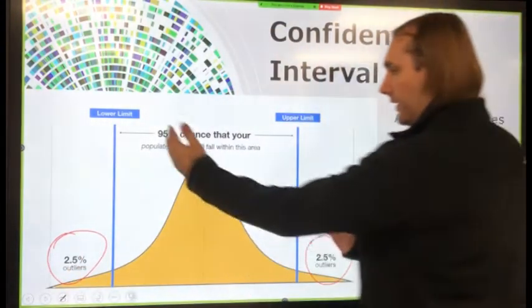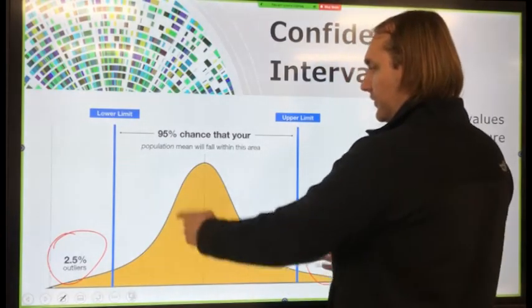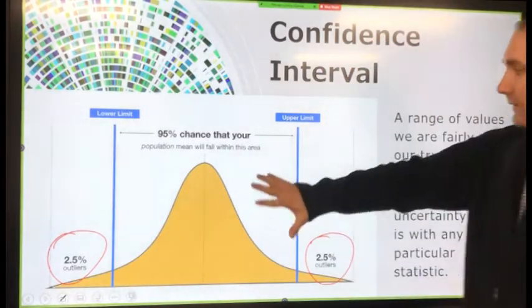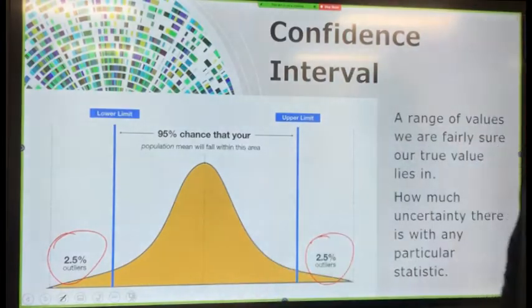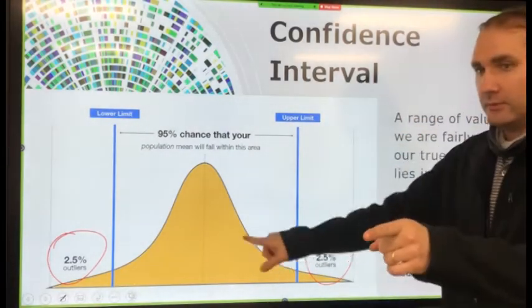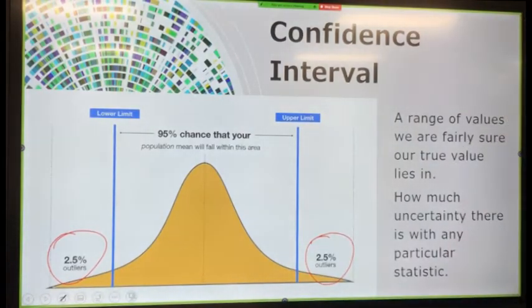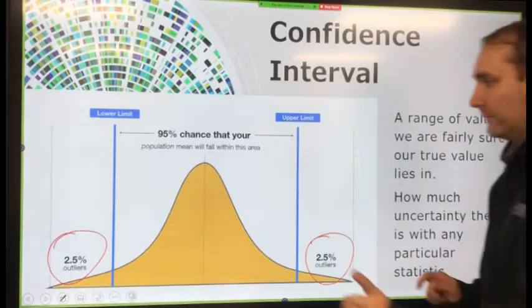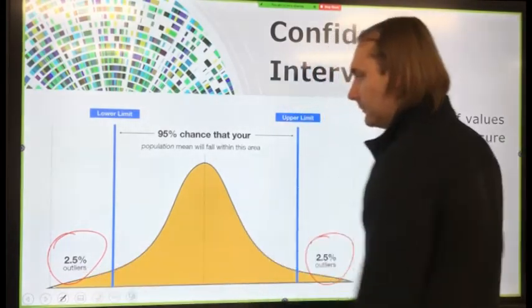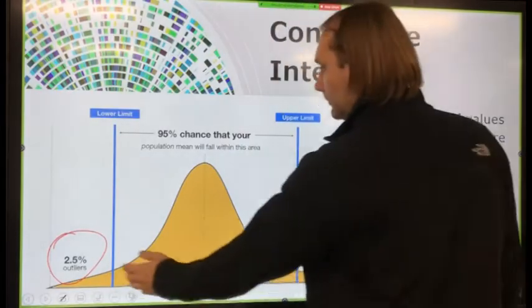In between here is my confidence interval. This is how confident I can be that 95% of my population will fall in. So I'm confident you will fall somewhere in here, and you will, and you will. Because it's rare, only 5% will be out here. That is our confidence interval.